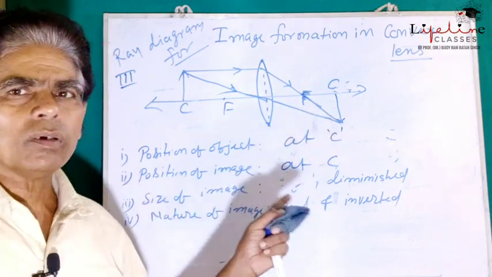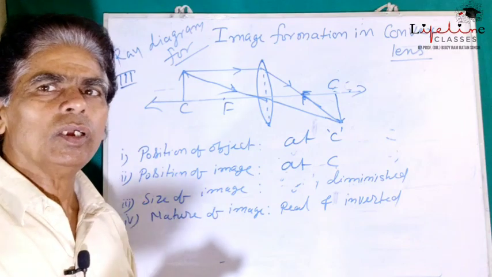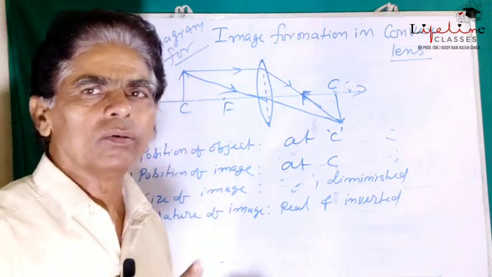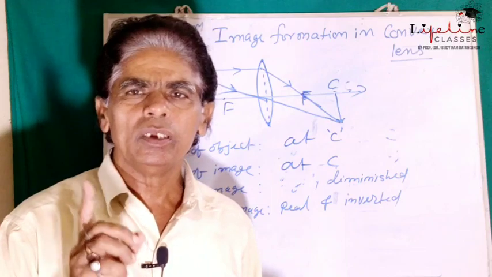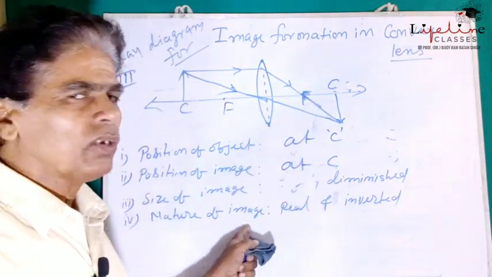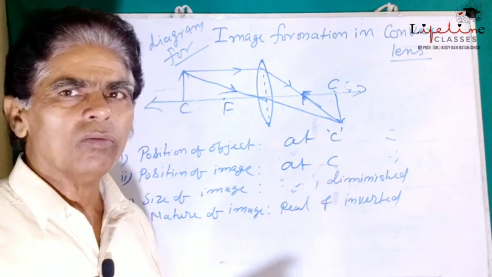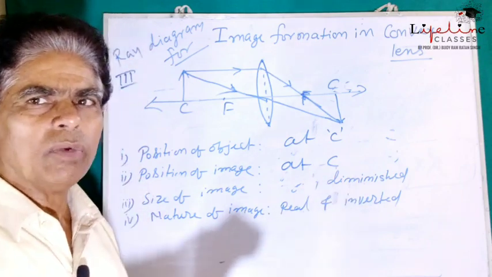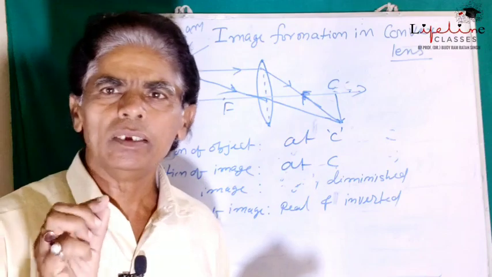The size of the image is equal to the size of the object, and the nature is real and inverted. What is the nature of image? That is real and inverted.